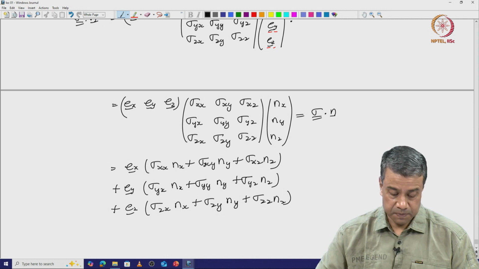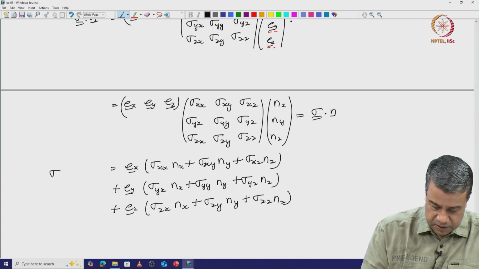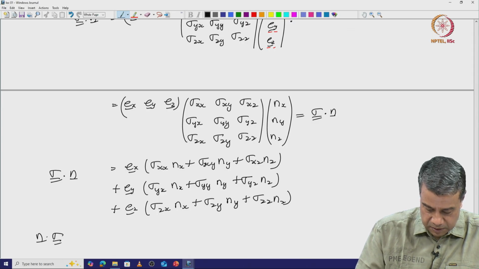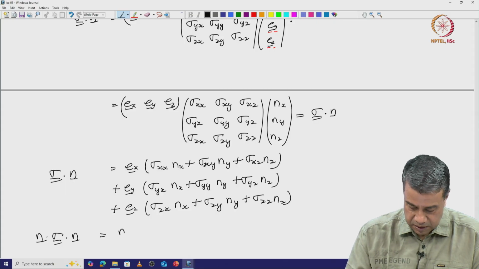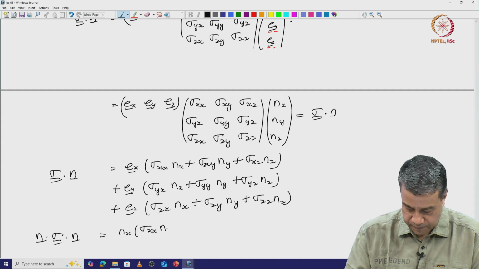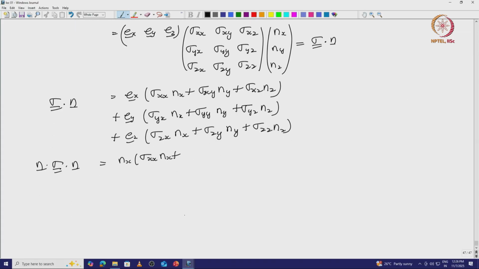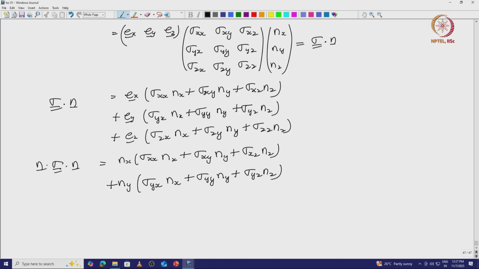And then after that I pre-multiplied by n again. So this is equal to sigma dotted with n, and I pre-multiplied by n again, so I get n x into... Okay, so that is what this is now, a scalar.